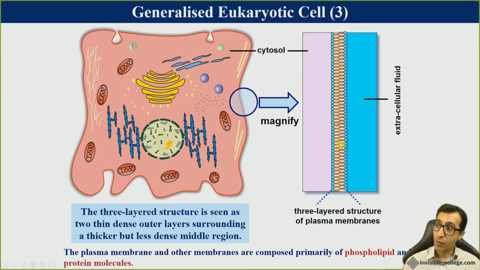Within this membrane, as we'll see later on, we have various protein molecules and other modified proteins and other substances such as sterols like cholesterol embedded within the membrane and also on the outer and inner surfaces of the membrane.